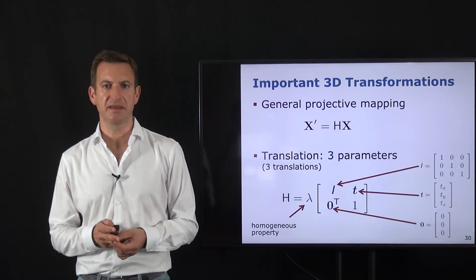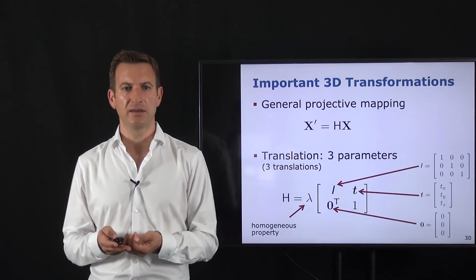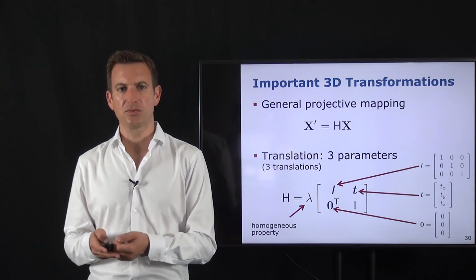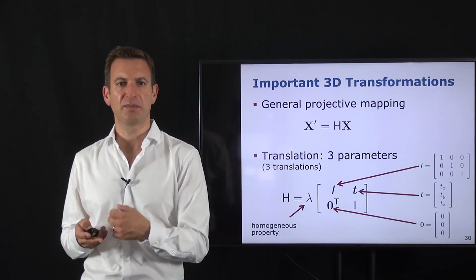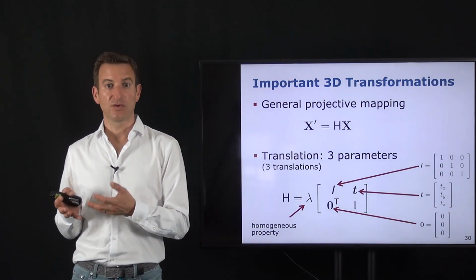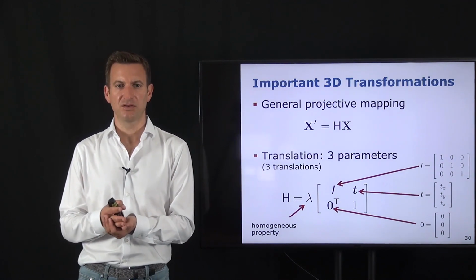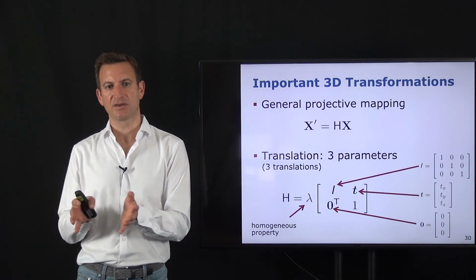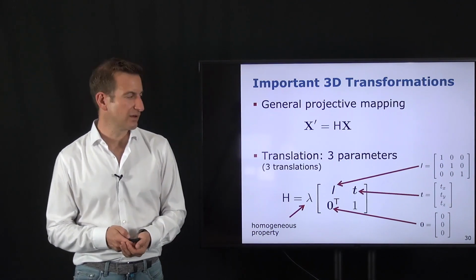And this is elegant because that's something that I cannot express in Euclidean coordinates through a matrix vector multiplication. I can only do this by adding a vector to it. And if we can express all the transformations as matrix vector multiplications, this becomes very elegant, because we can simply chain them by multiplying those matrices together, for example.